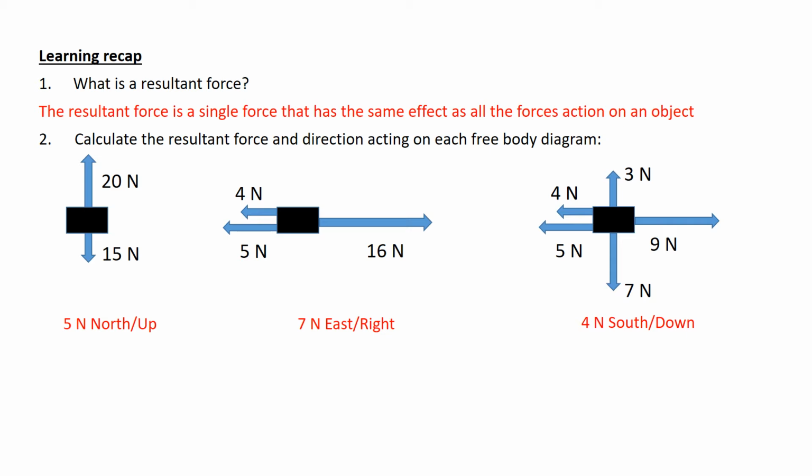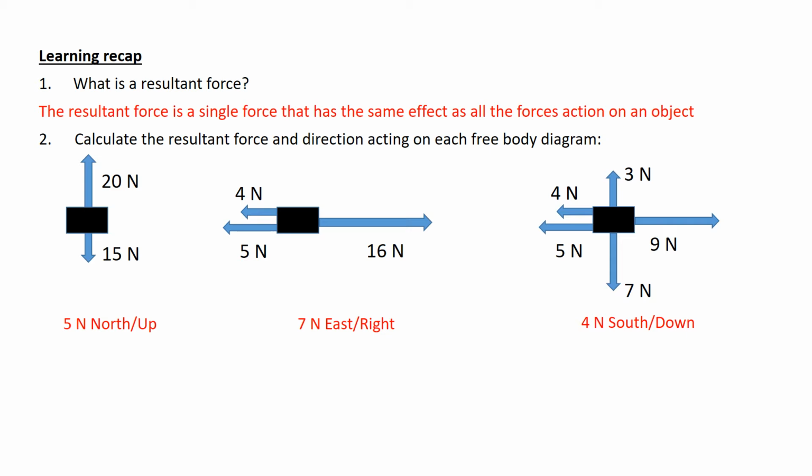Second one, so we've got 16 newtons acting to the right, and we've got 9 newtons acting to the left. So 16 take away 9 equals 7 newtons. Now, the next one, this is quite a common one, and they really do want to know whether you can cancel out the forces.